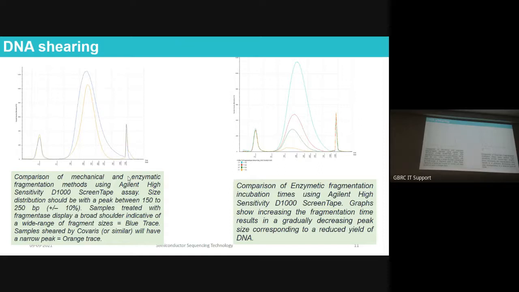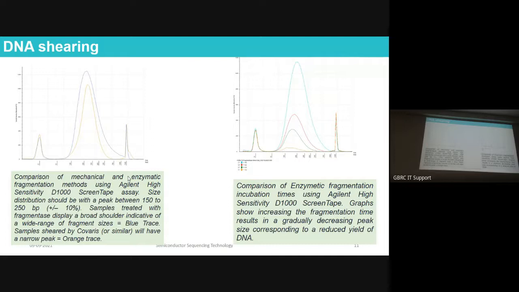And as you can see the range, mostly the preferred method for fragmentation is an enzyme based method, because with a proper incubation you end up getting almost a narrow peak of your library fragments rather than the broader ones.